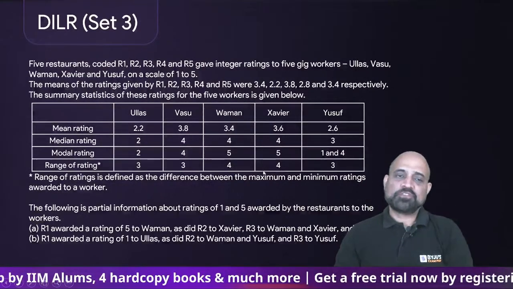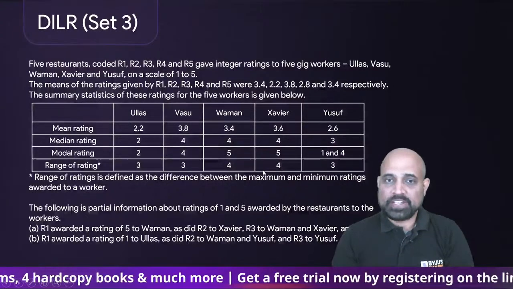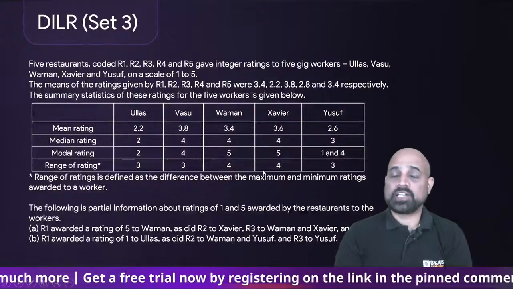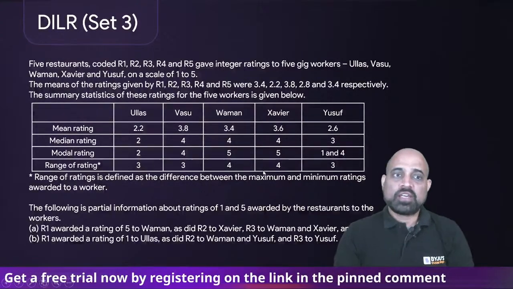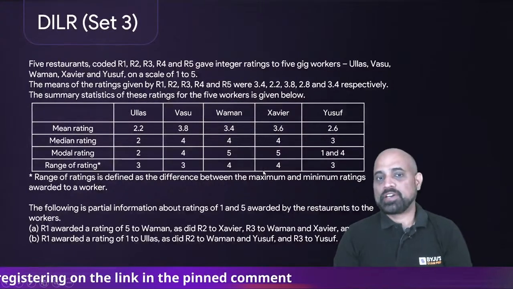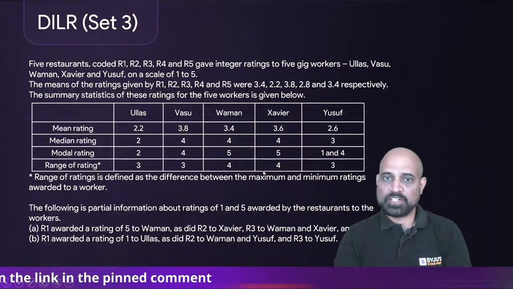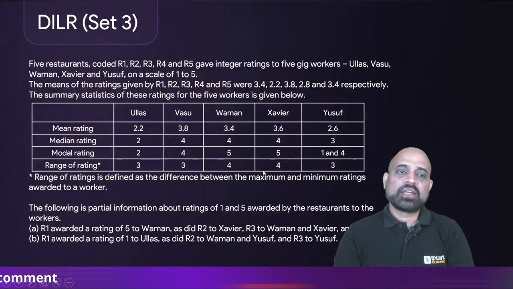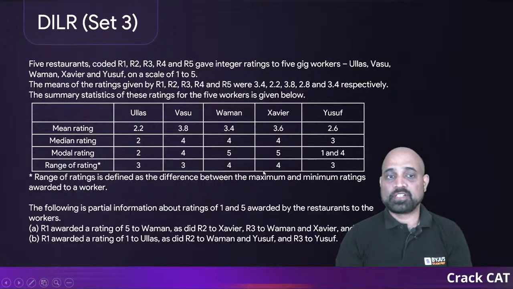Okay, so 5 restaurants coded R1 to R5 give integer ratings to 5 gig workers U, V, W, X and Y on a scale of 1 to 5. The means, the average of the ratings given by R1 to R5, were 3.4, 2.2, 3.8, 2.8, 3.4 respectively. So इसी sequence में. The summary stats of these ratings for the 5 workers is given below.